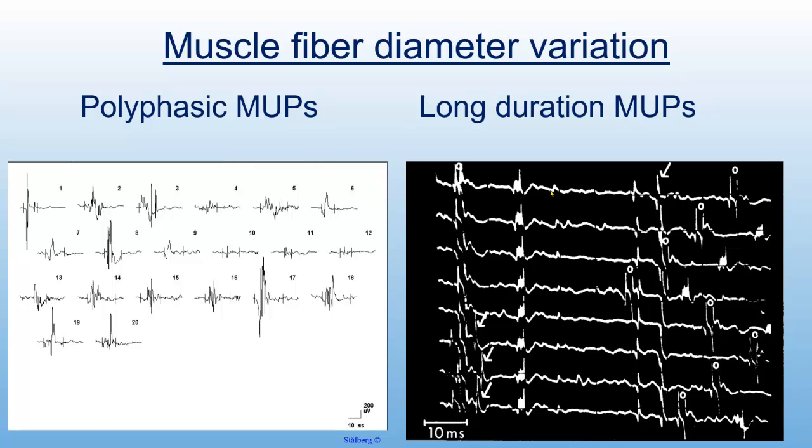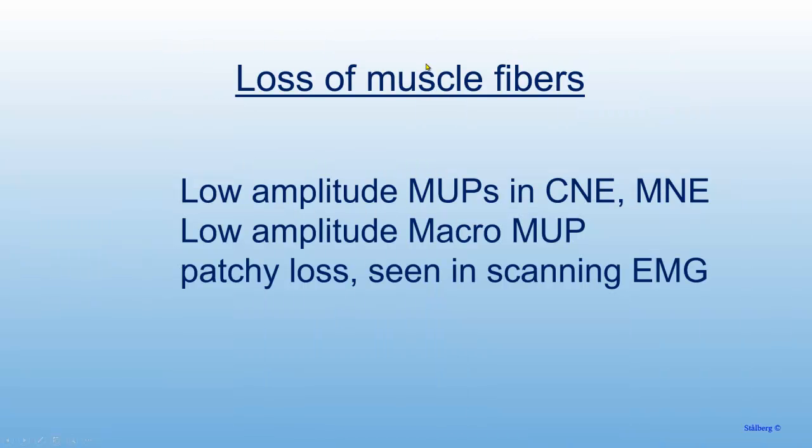So if the firing rate is 20 Hertz, then the motor unit potential starts again just before it has ended. And if the firing rate is higher than 20 Hertz in this particular case, then the motor unit may start its activity already before the previous motor unit potential has ended. Quite a confusing situation. So that was the indication of fiber diameter variation.